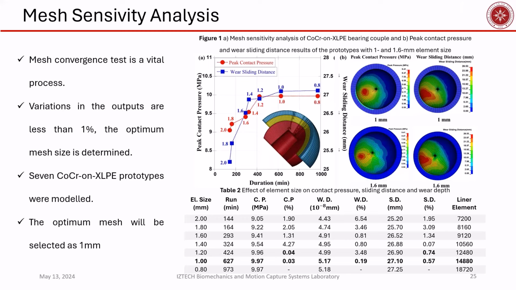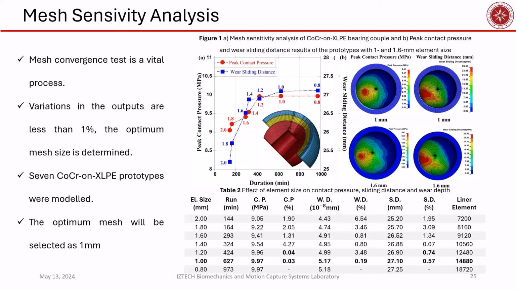In the mesh sensitivity analysis, we range from 2 millimeters to 0.8 millimeters. And when the variation in the output is less than 1%, the optimum mesh size is determined. In the literature, studies only consider one parameter, peak contact pressure or wear sliding distance or linear wear.